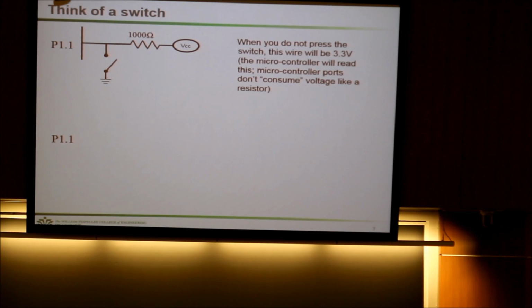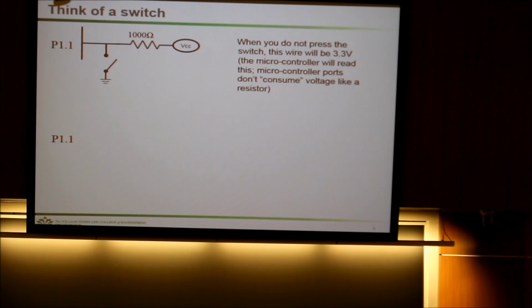So from that, is there any current flow in that current situation? There's no current flow, but what's the voltage at the port 1.1 pin? It's whatever VCC is, right? Because even though there's a resistor there, there's no current. So the voltage VCC is also on the other side of the resistor.